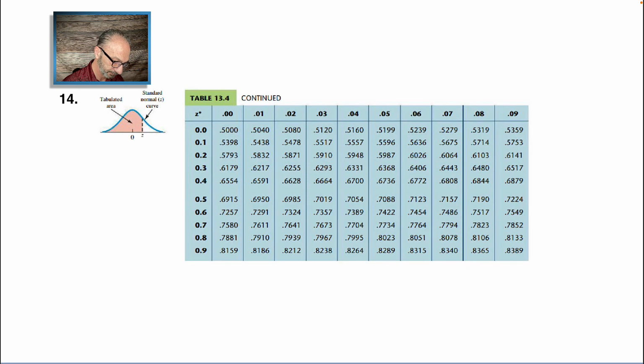So here we go. 0.600 is right here. That's 0.600, but we don't need 0.600. We need 0.66. So let's go all the way to the right. Now I read this as 0.66, and where they meet down below, that is what we have.